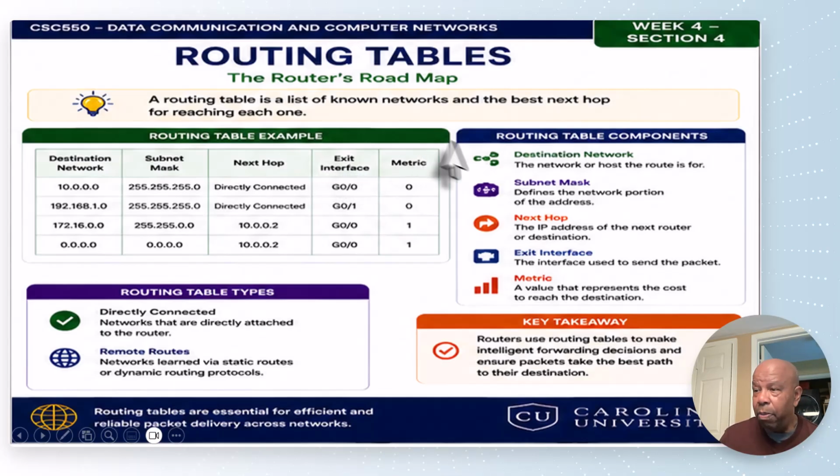Okay, routing table components: destination network, kind of obvious. The network or host the router is for. Subnet mask defines the network portion of the address. There are several networks that we might have to go through. The subnet mask basically says our primary network that we're going to go through.